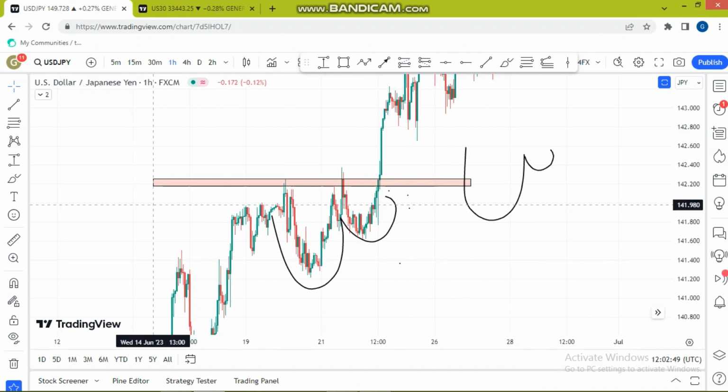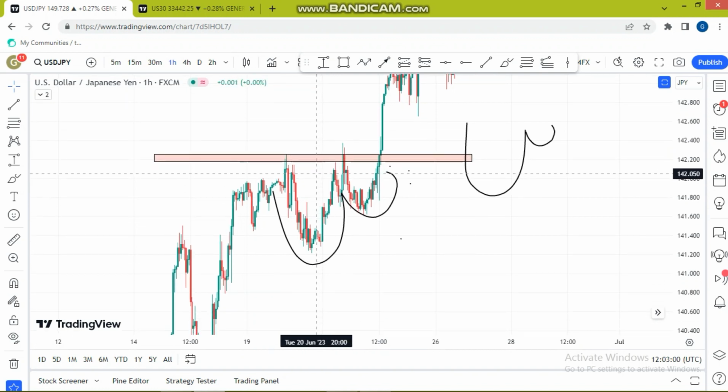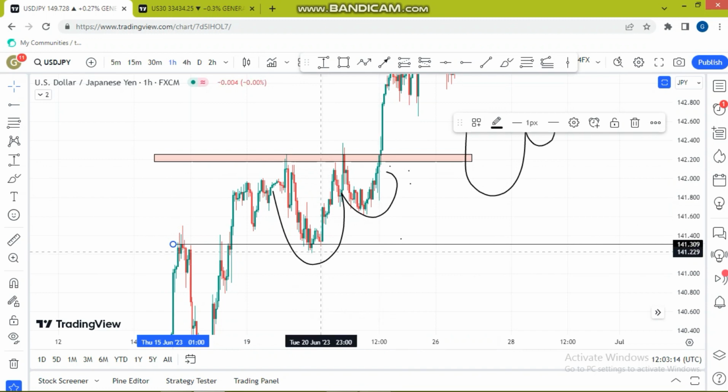All right, so price got to this resistance area right here and came back to this resistance area right here. One thing you should definitely understand here is that when price got to this resistance area, it sold off to this area, and sold off to this area.